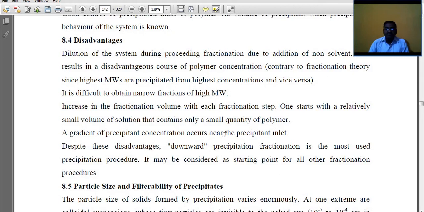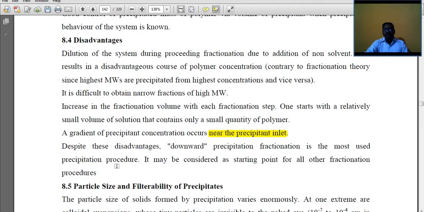It is difficult to obtain narrow fractions of a high molecular weight, with an increase in the fractionation volume with each fractionation step. One starts with a relatively small volume of the solution that contains only a small quantity of polymer. A gradient of precipitant concentrations occurs near the precipitant inlet.